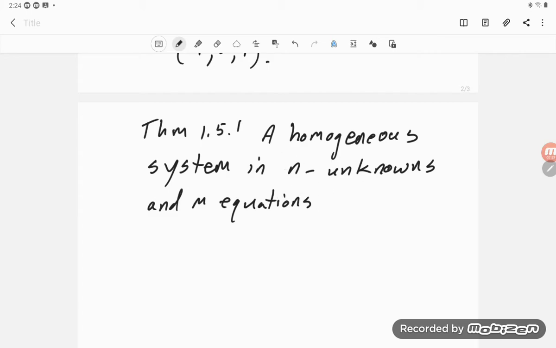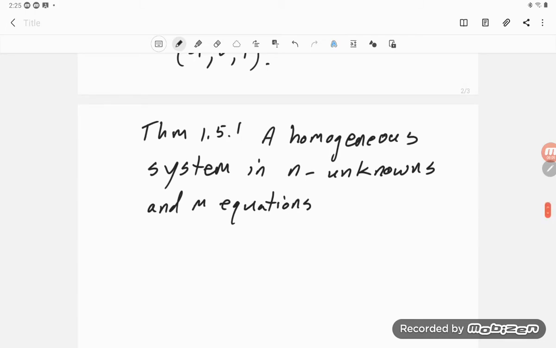Usually you'd say m equations and n unknowns. A homogeneous system in n unknowns and m equations has a non-trivial solution.